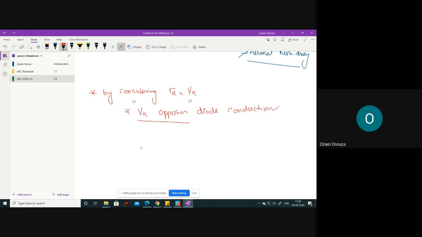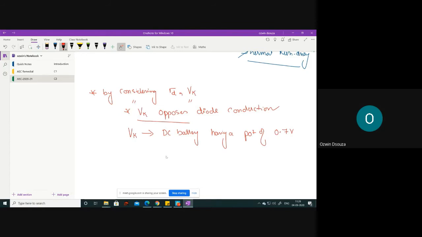Now let us place the barrier potential in our equivalent circuit. What is the potential value for silicon? It is 0.7 and it is almost fixed, right? So this Vk can be considered as a DC battery having a potential of 0.7 volt.